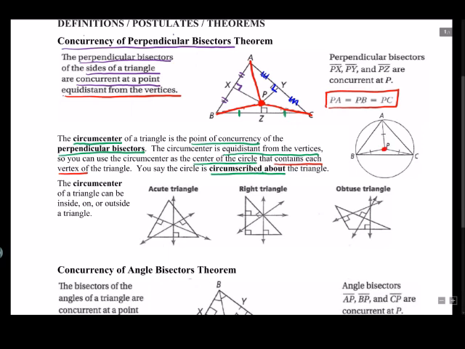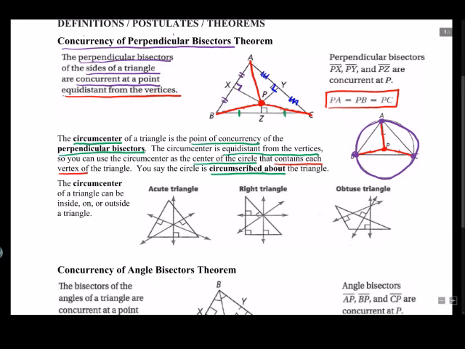So we have the circumcenter here and our three radii that go to the vertices, and that's going to allow us to draw a circle that passes through the vertices. Pretty cool, if you ask me.